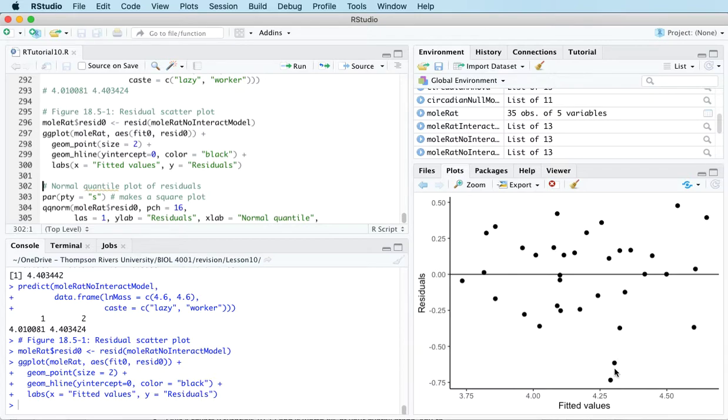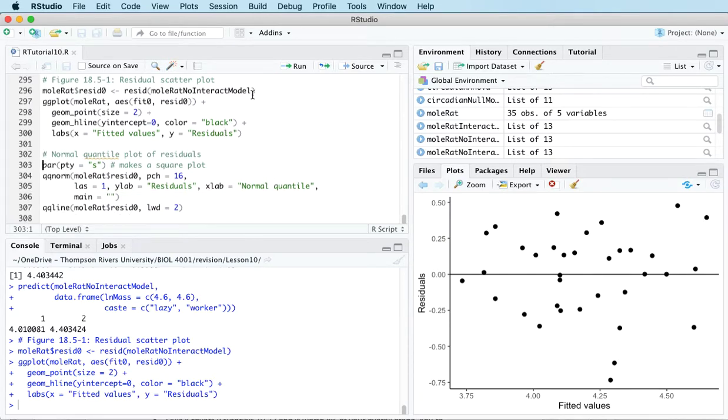It's possible that these 2 points might be outliers, and so maybe we should investigate a little bit further, and that is probably what I would do at this point. But I'm not too concerned. I'm not going to throw the whole model out just because of these 2 points.